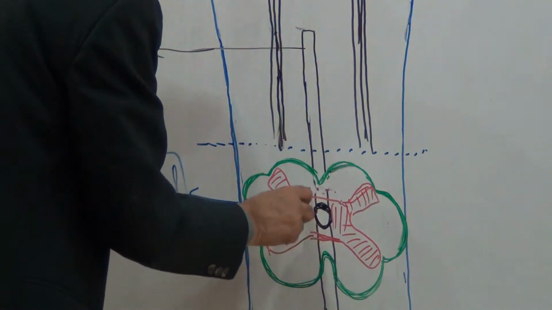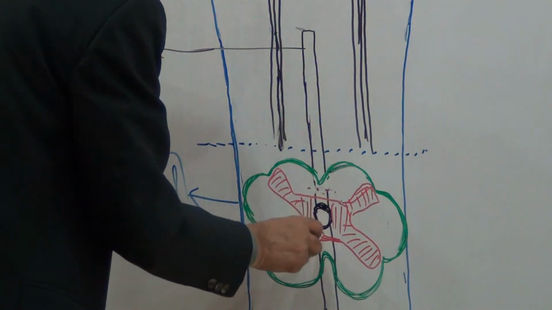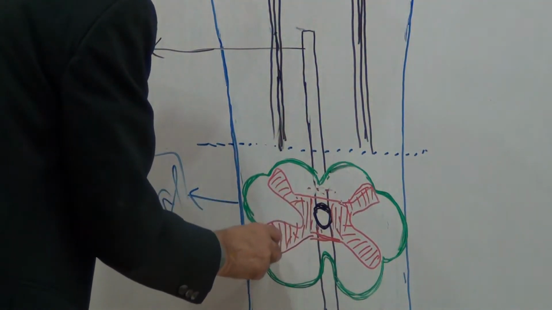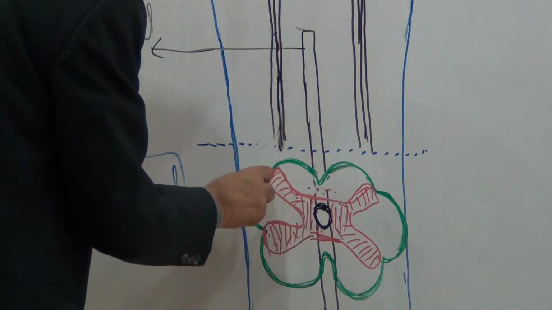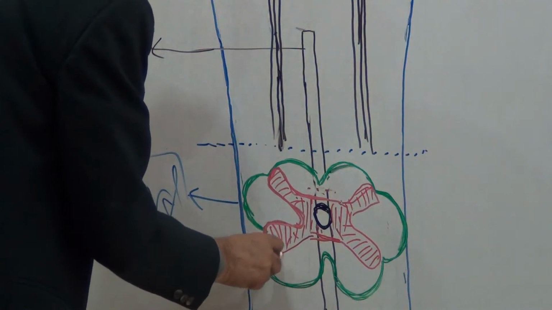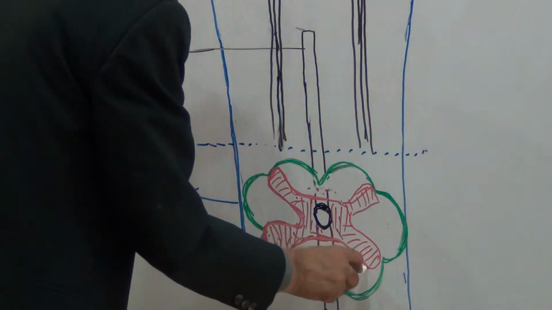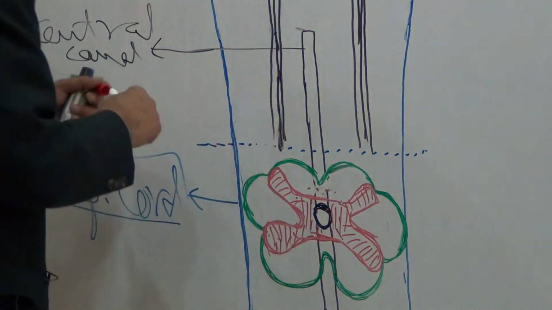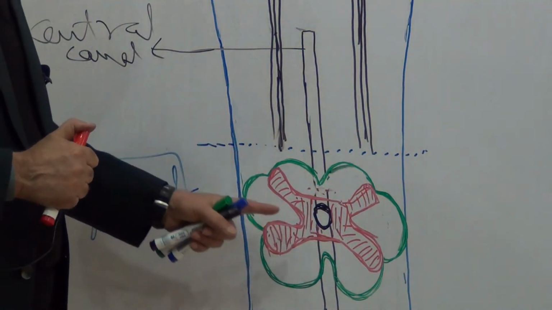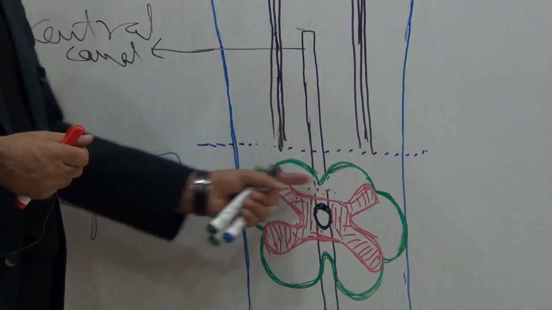And this is the central part of the gray matter through which central canal of the spinal cord traverses. So in spinal cord, the gray matter is inside, white matter is outside, and white matter is in the form of funiculi: anterior, lateral, and posterior funiculus in each half.